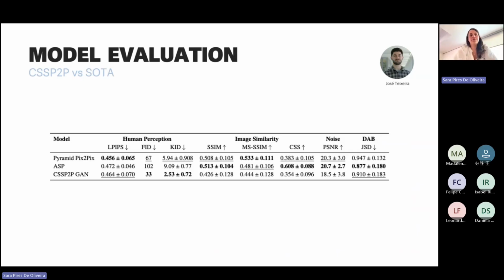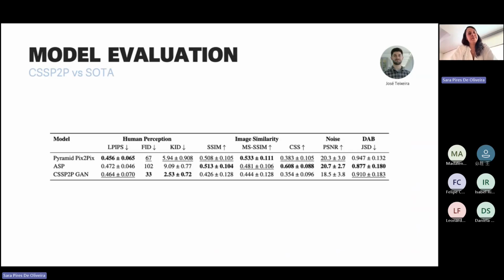And from the table, we see that the ASP achieved the top performance on the traditional metrics, so SSIM and PSNR. And then in terms of the MS-SSIM, this is just, again, the SSIM applied to different levels, so it's a multi-scale SSIM. And for these, we have the pyramid pix2pix as the best performing model.